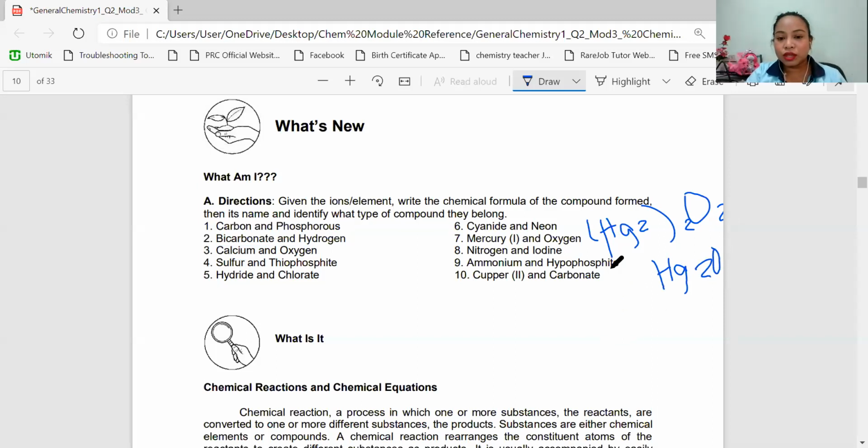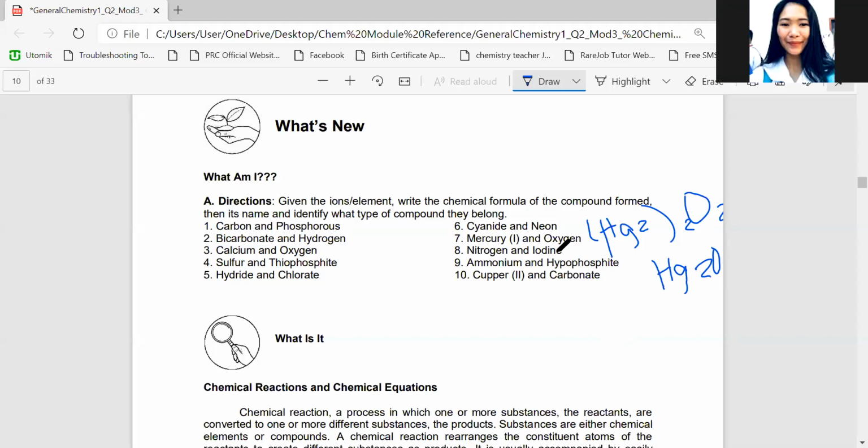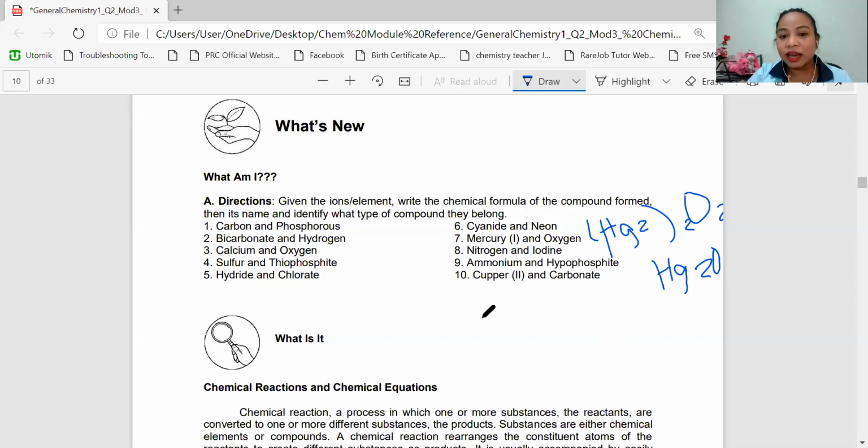Okay? So, nitrogen and iodine. We have 1 nitrogen and 3 iodine covalently bonded to each other. So, we have the name as nitrogen triiodide.